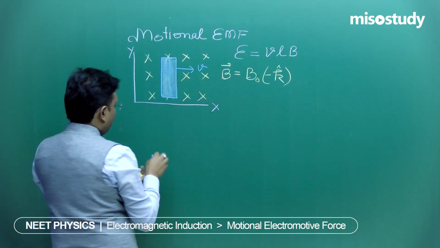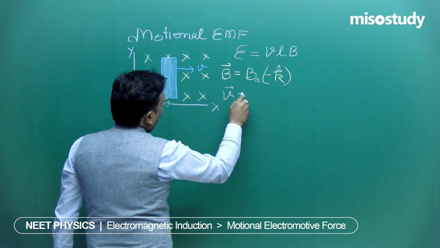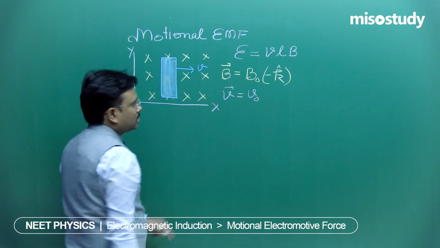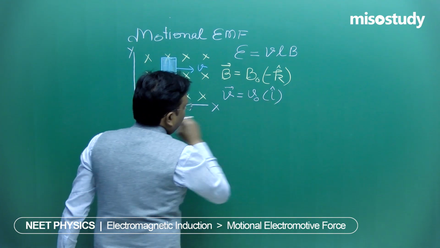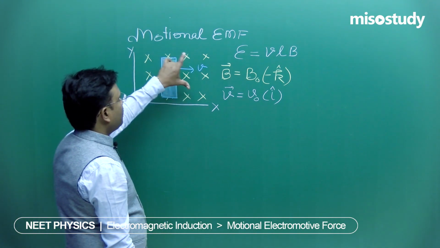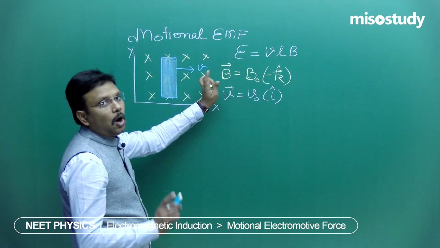So how can you define this v? You can simply mention v is equal to v naught, any value, and i cap. So now I hope this simple explanation of this formula which we already learned is clear to all of you.